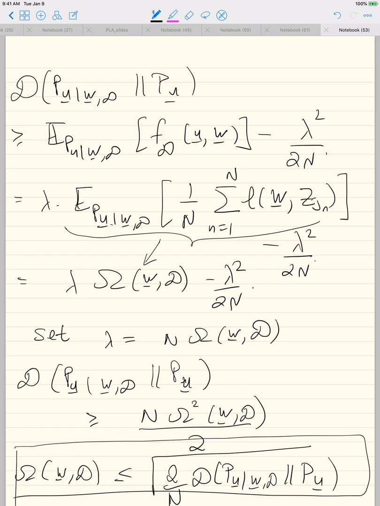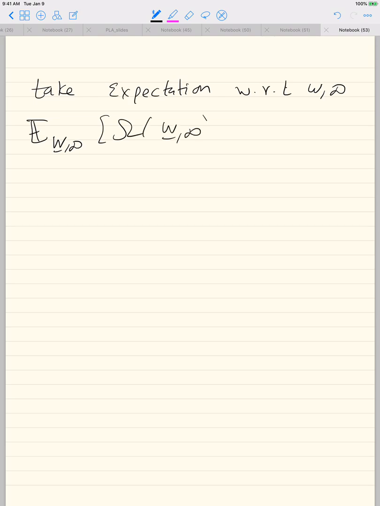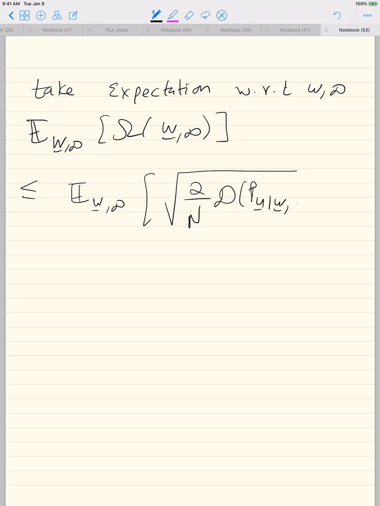So the final step is to take the expectation with respect to WD, and we will be basically done. So now we take expectation with respect to WD. We get expected value over WD, omega of WD is less than expected value over WD of square root of 2 over n d Pu given WD and Pu.